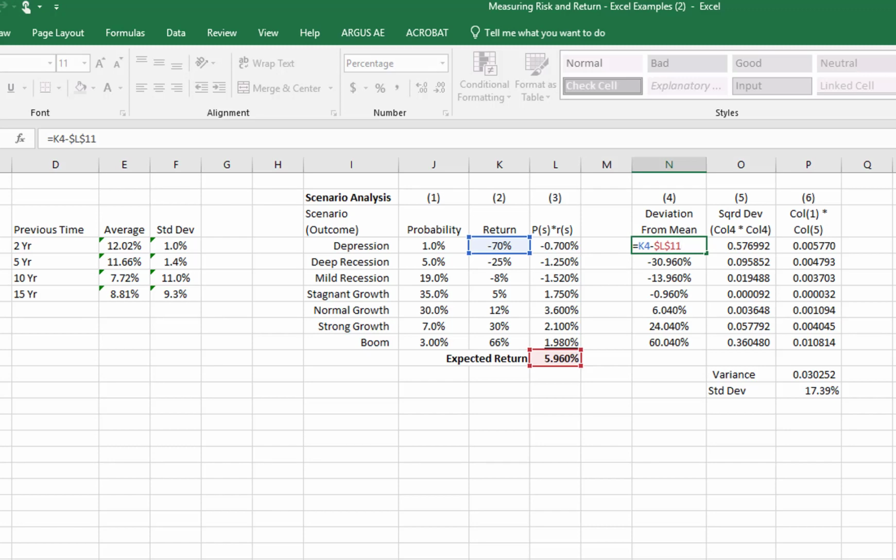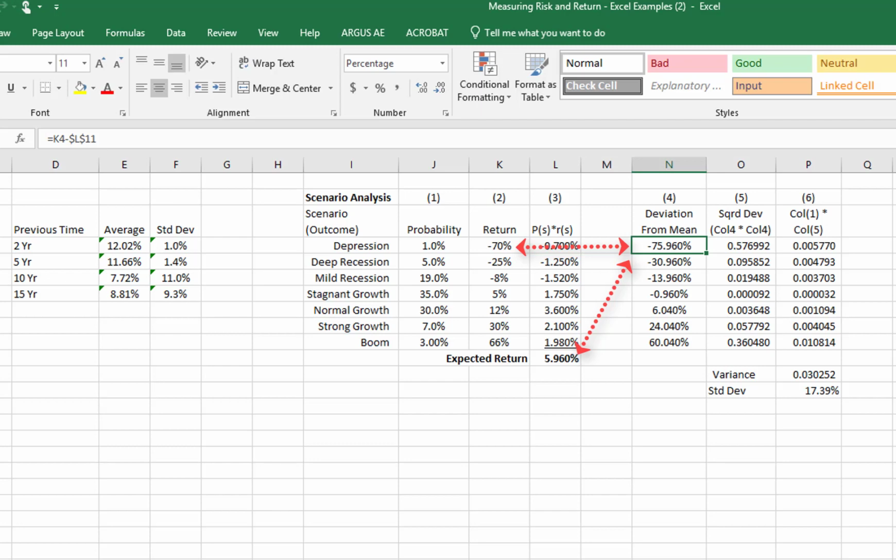Okay, so that's the deviation or the difference from the mean. In the case of a depression, we're 75.96% below the expected return over all of the scenarios. So if we have a negative 70 and the expected return over all of the scenarios is a positive 5.96, then we would be 75% below the mean return or the expected return.